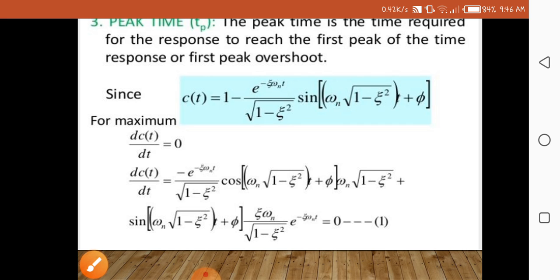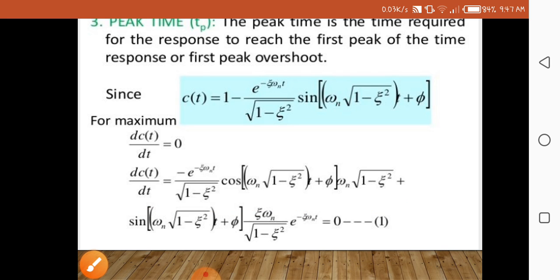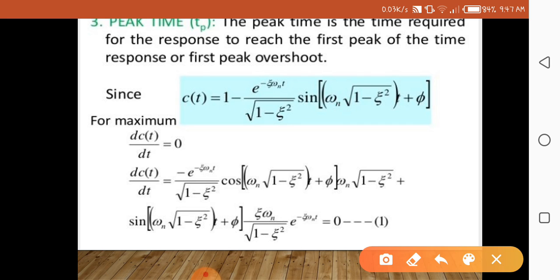So now this equation is rewritten as this: dc(t)/dt is equivalent to e raised to the power minus zeta omega n t by root 1 minus zeta square, cos brackets omega n root 1 minus zeta square t plus phi, times omega n root 1 minus zeta square, plus sin omega n root 1 minus zeta square t plus phi, times zeta omega n by root 1 minus zeta square, e raised to the power zeta omega n t, is equivalent to 0.